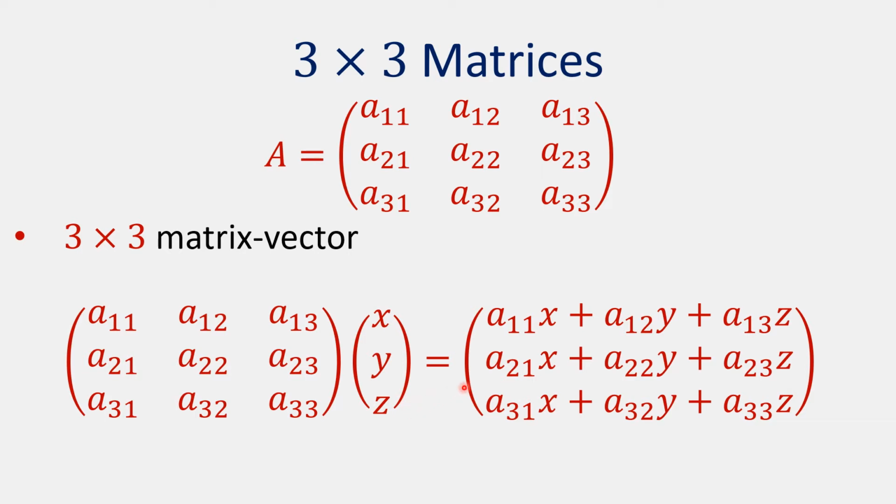So for example, to get the second component of our output, we are multiplying the second row of this matrix. First of all, this entry by x, adding this entry multiplied by y, and finally adding the result of multiplying this by the entry in the second row and third column.